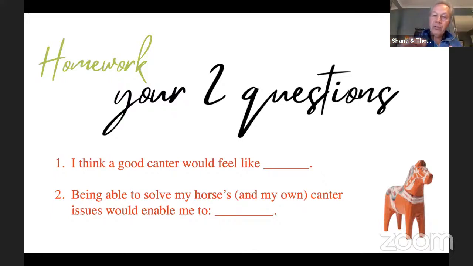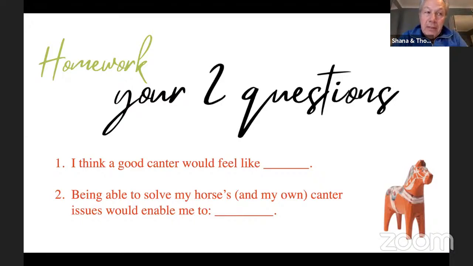Not that you have a horse that does Grand Prix at the walk and then training level at the canter, but that the three gaits are somewhat evenly distributed after a while. It's normal that the horses maybe are a little ahead at the walk and then a little behind at the canter for a while, but at some point the canter needs to catch up, so the horse can progress in a balanced way.